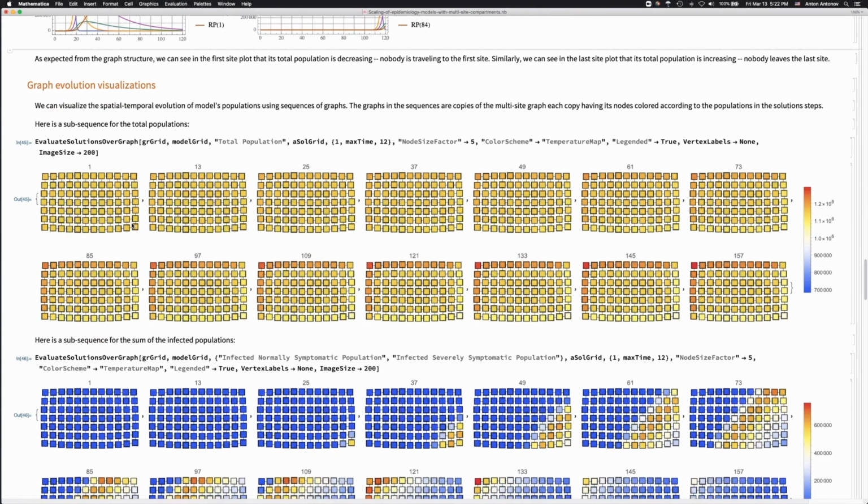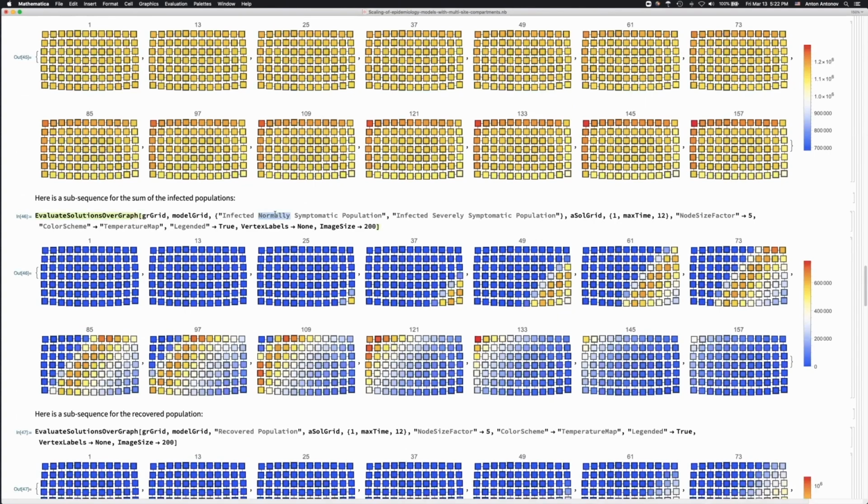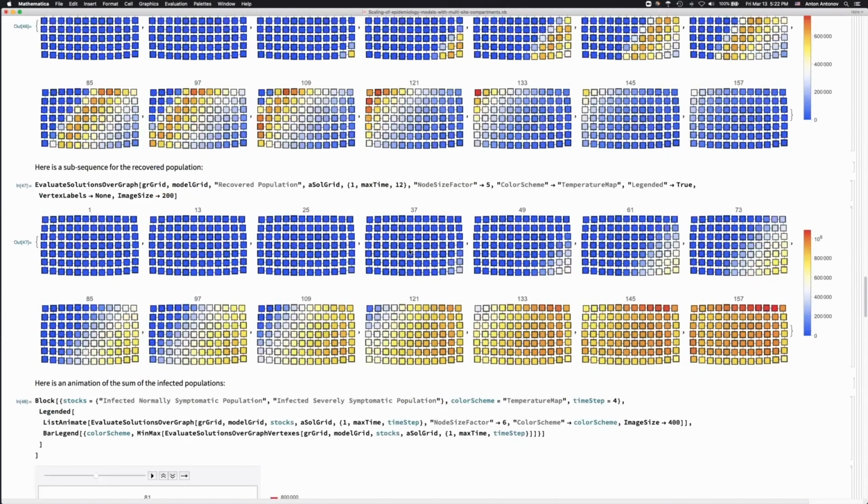All right, so how can we actually see the evolution of these different populations? This is the evolution of the total population, but what you see here is the sum of the infected severely symptomatic population and the infected normally symptomatic population. We can see this wave, and I have taken a certain step here just for brevity of the exposition. But let's look at the animation here.